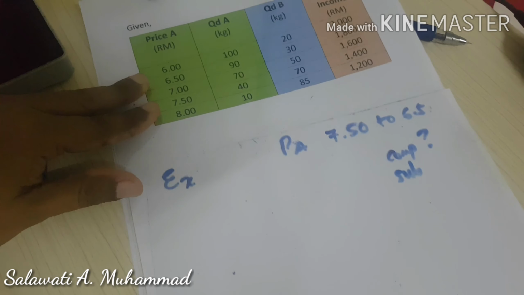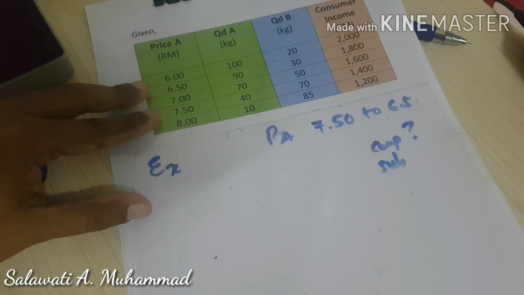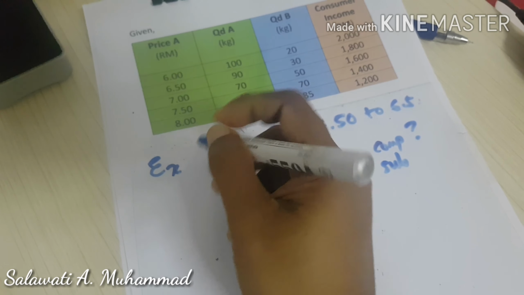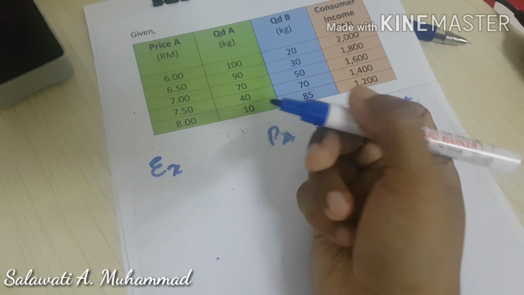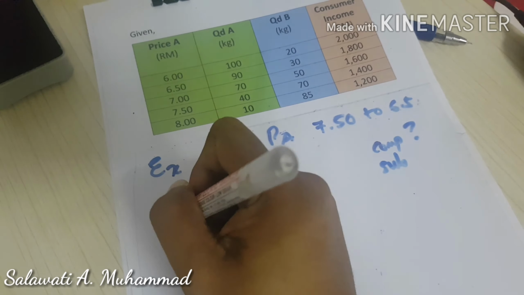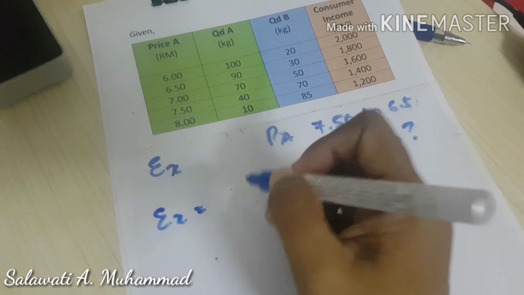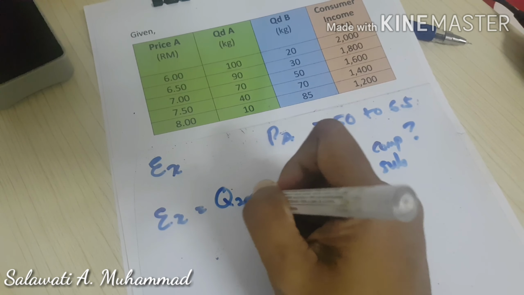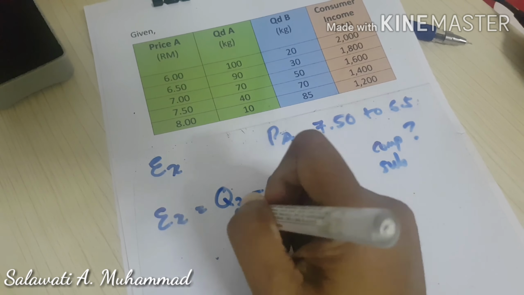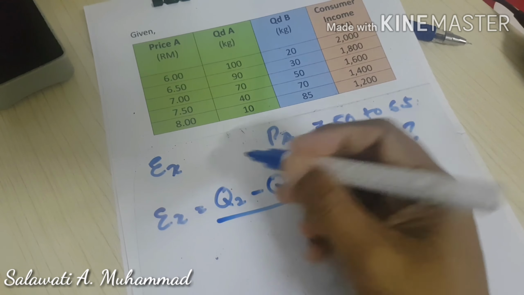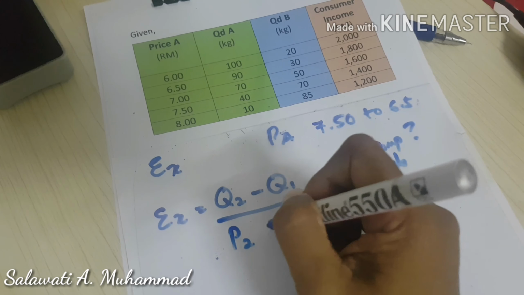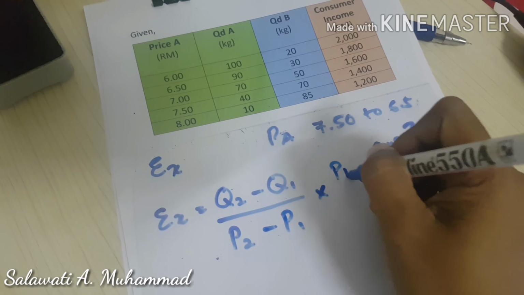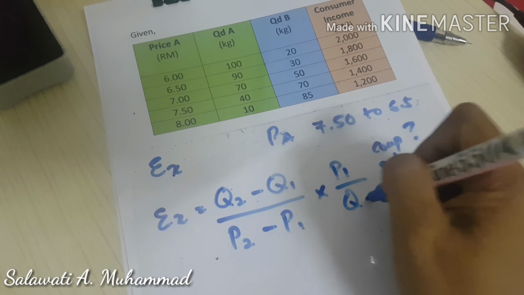So we need to solve this equation. Cross elasticity of demand. The formula is Q2 minus Q1, divide P2 subtract P1, times P1 over Q1.